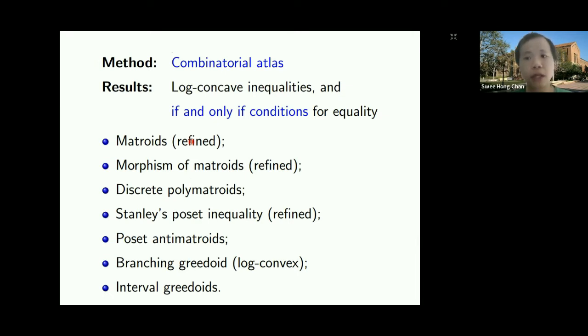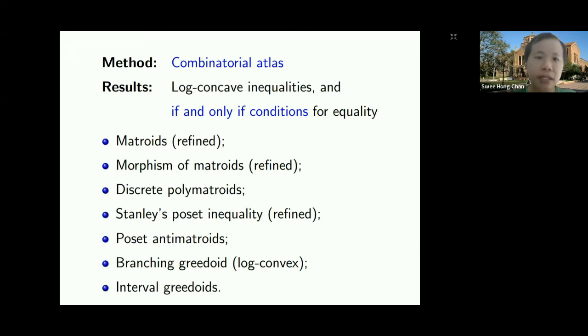By using this method, we managed to reprove log-concave inequalities that are known for matroids, morphisms of matroids, and the Stanley poset inequality. In all these three cases, we actually refine them; we prove a stronger form of the inequality. In other topics, such as discrete polymatroids, Poisson antimatroids, Branden greedoids, and interval greedoids, we prove completely new log-concave inequalities.